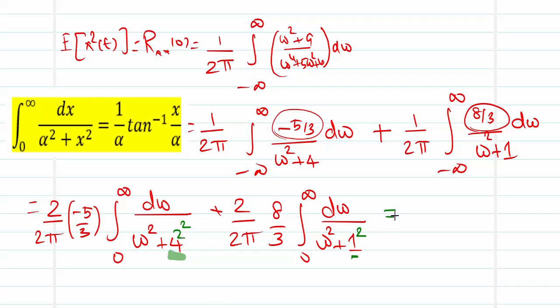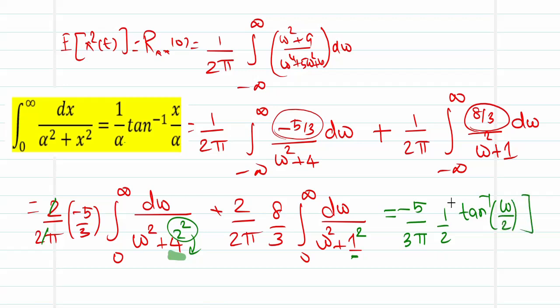So the 2 can be cancelled off, minus 5 divided by 3 pi times 1 by alpha. What is alpha? Alpha is equal to 2. So it is 1 by 2, tan inverse of omega divided by 2 between the limits from 0 to infinity.